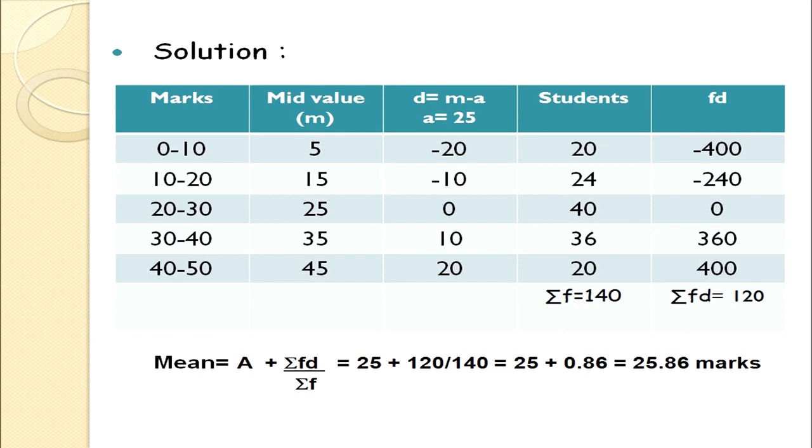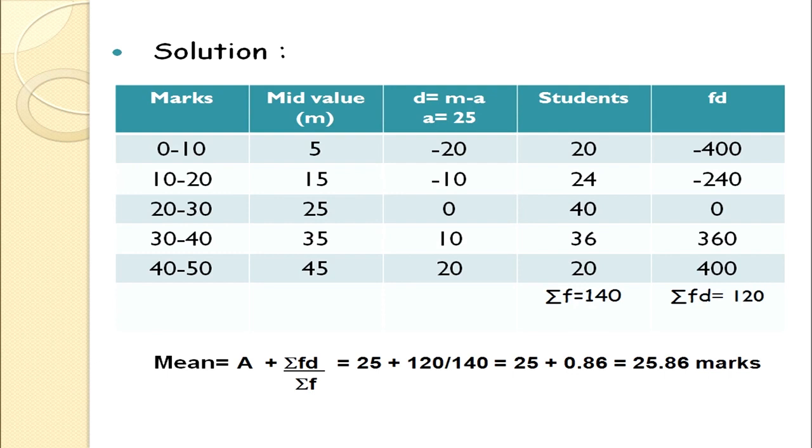Now put the values: 25 plus 120 divided by 140, that is 25 plus 0.86, which gives you 25.86 marks.